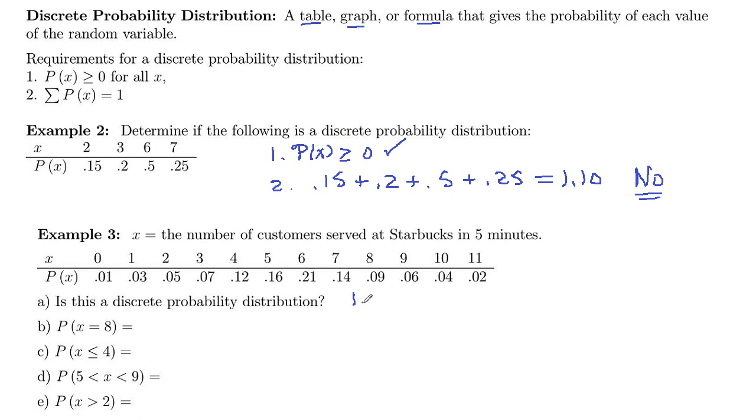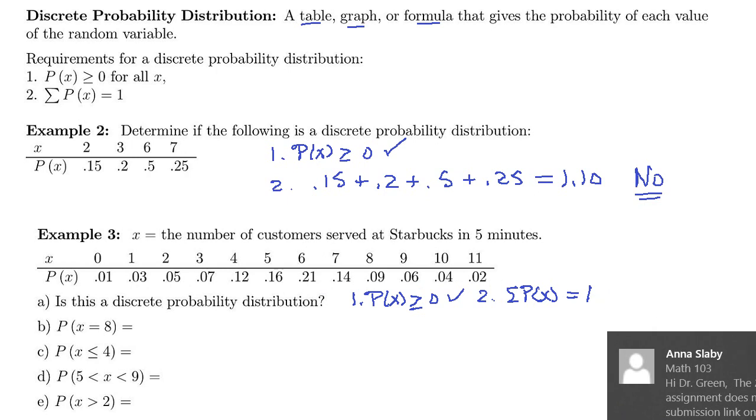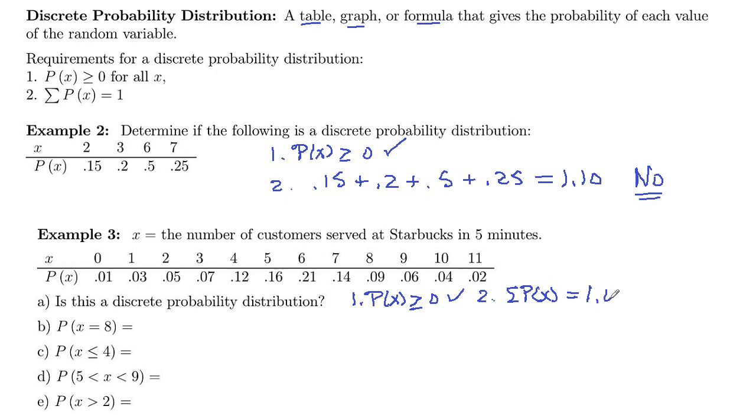So 1, probabilities greater than or equal to 0. That one checks out. 2, if you sum up all the probabilities in that row, you will get 1.00 or 100%.